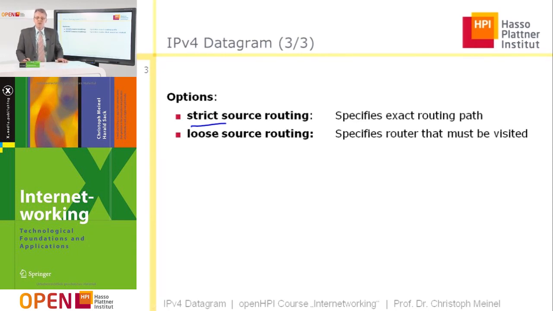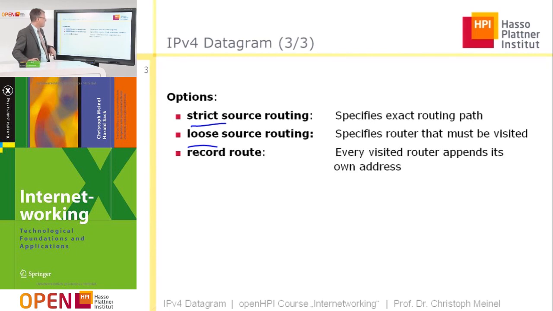We have another option also concerning routing, the loose source routing. Here only a few routers are specified on the path from sender to receiver that need to be visited. Also here the routers are described by their IP addresses.